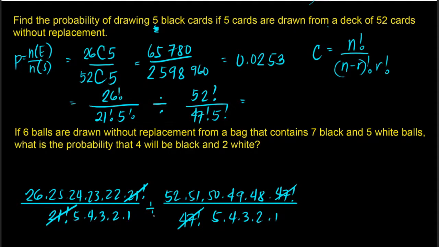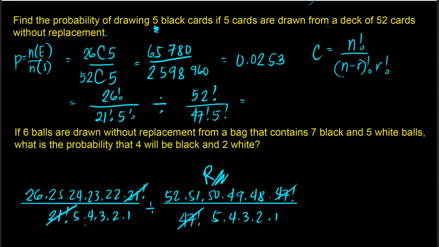So, this is where you divide. As you can remember, when you are dividing, we take the reciprocal of the fraction. So, this one is going to be reciprocated. When it is reciprocated, the 5, 4, 3, 2, 1 is going to be the numerator this time, and 52, 51, 50, 49, 48 is going to be the denominator.